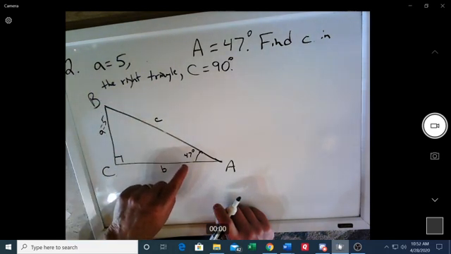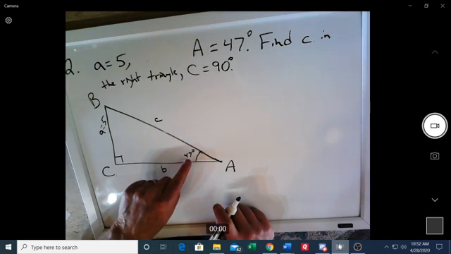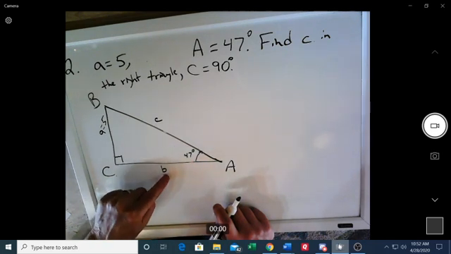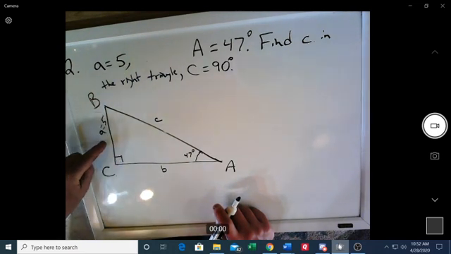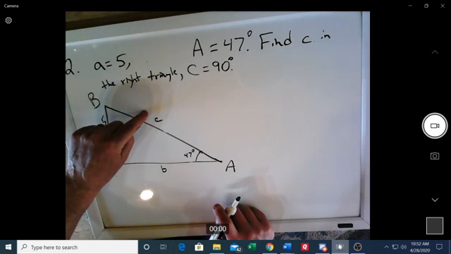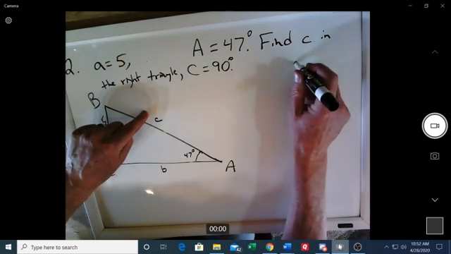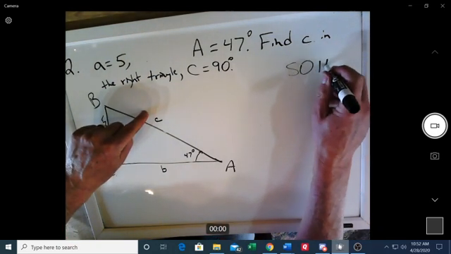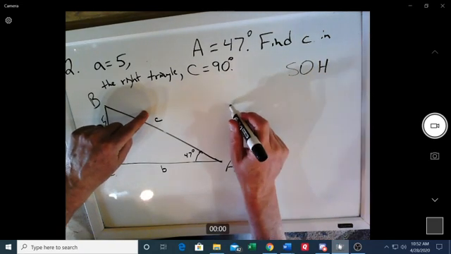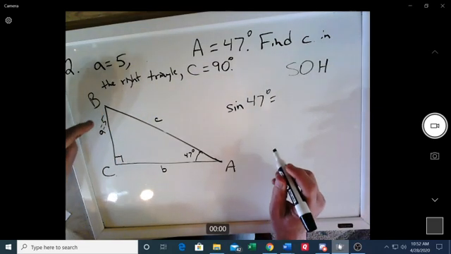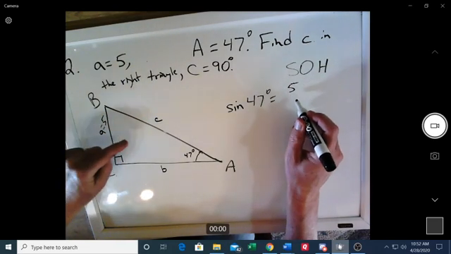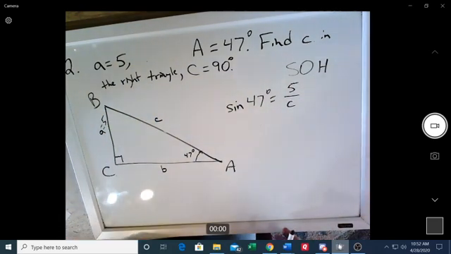And from the point of view of 47 degrees, this is the adjacent side, this is the opposite. This one, from any point of view, is the hypotenuse. So we want opposite over hypotenuse. But that's the sine, so opposite over hypotenuse. So the sine of 47 degrees is 5 over c.